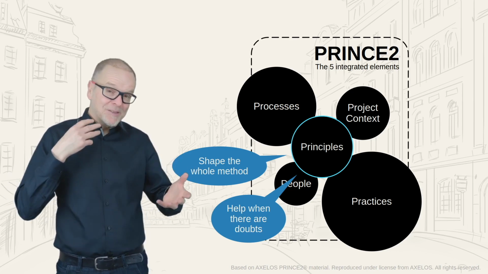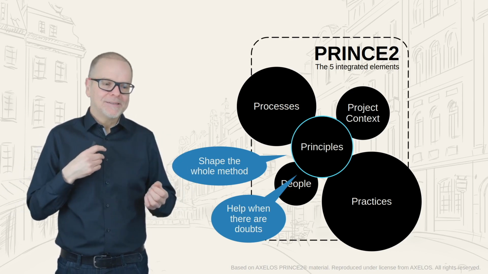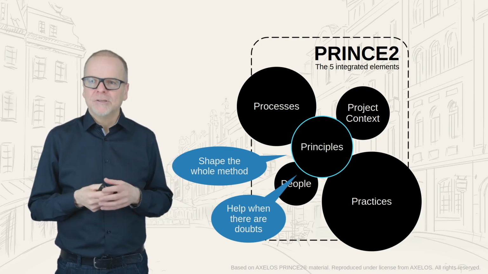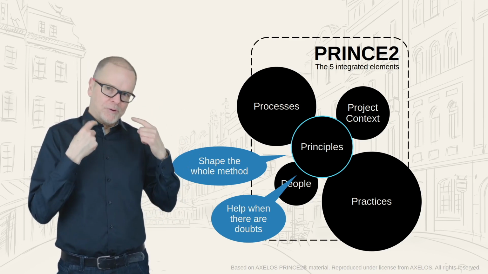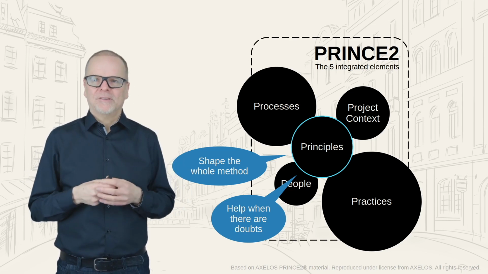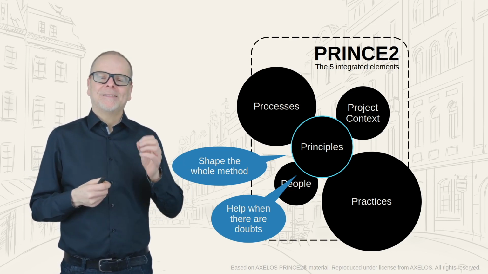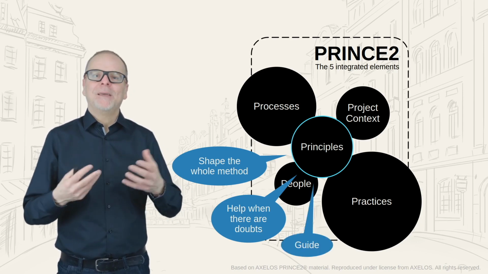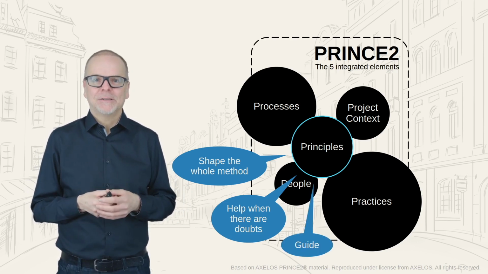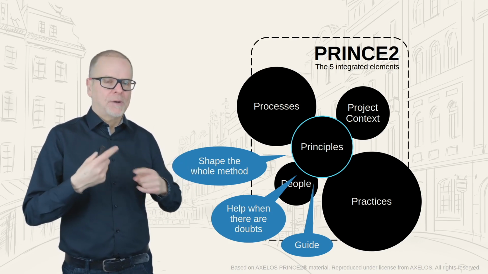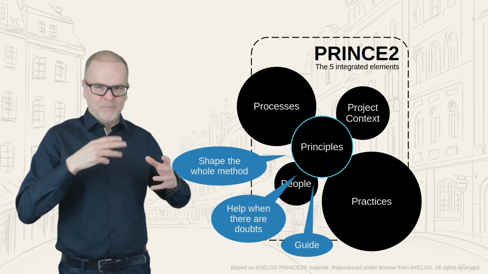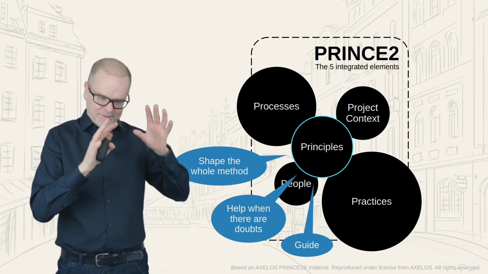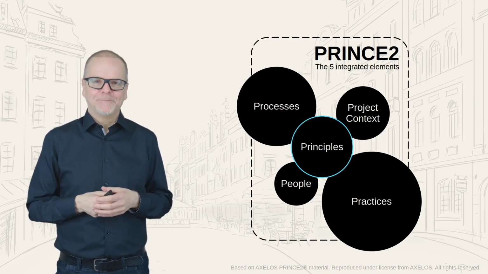So if we keep these principles in the back of our mind, and when we come across an issue or something we have to do, as long as we remember those principles, then we can make a better decision. That's why I like the term guiding principles, because they guide us to make better decisions about the project. And this will make more sense as well when you see the principles later in the course. Okay, but for now, that's what principles are.